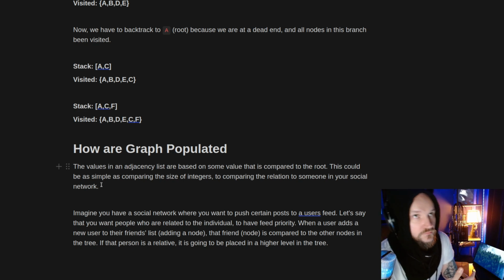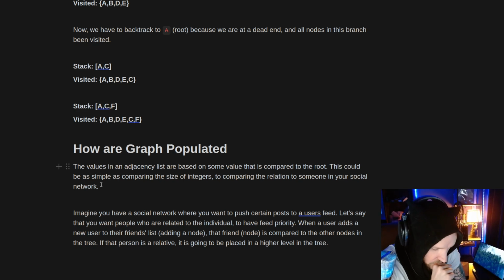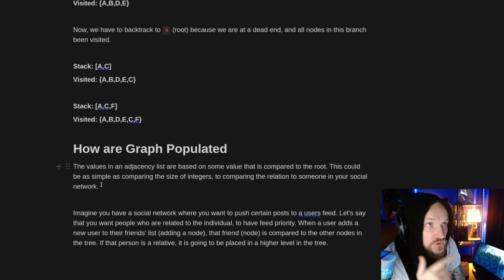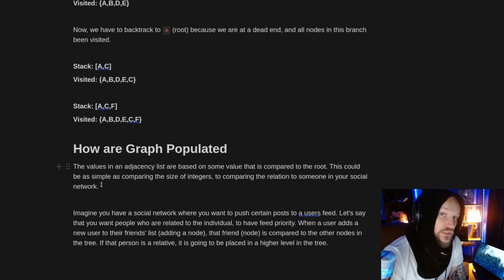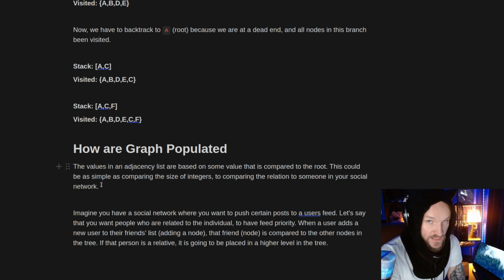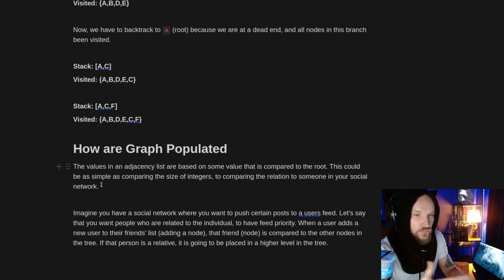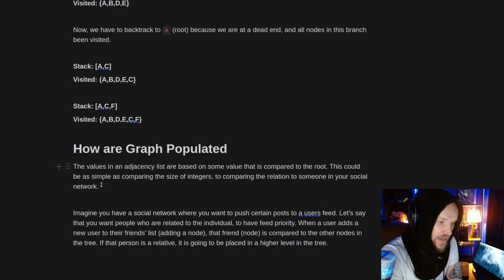Imagine that you want relatives of your users to have priority in users' feeds. So when a user adds a friend, a new node, if that node is a relative, it will appear at a higher level in the tree, and it will have more priority when it comes to how that feed is processed and displayed to the other user.